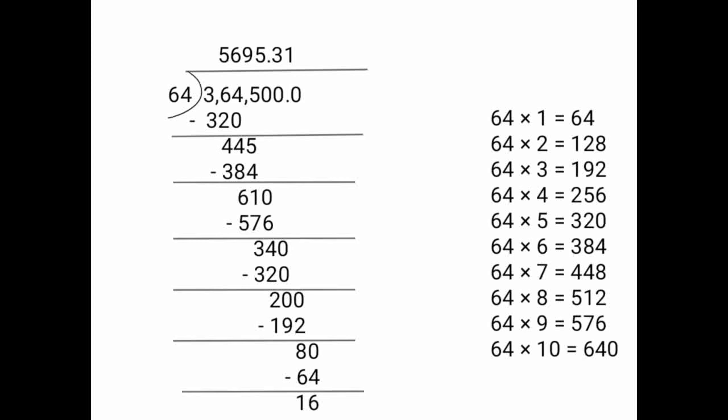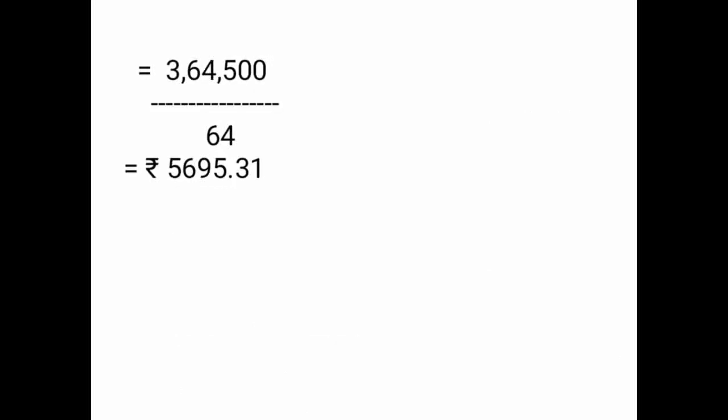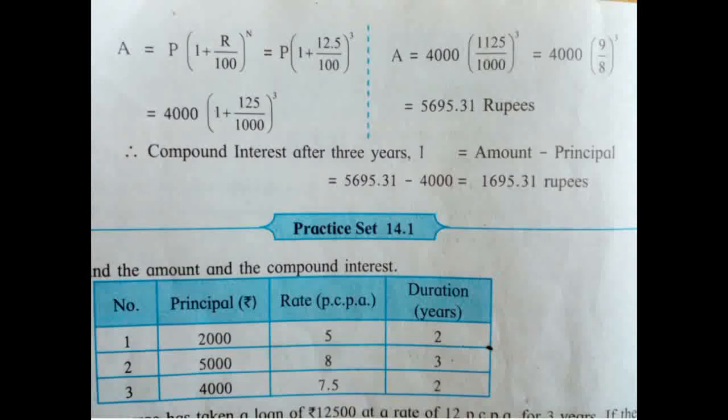So this is the meaning of up to 2 decimal places. After dividing 3,64,500 by 64, the answer is rupees 5,695.31. So this is the amount you got as the answer: 5,695.31 rupees.